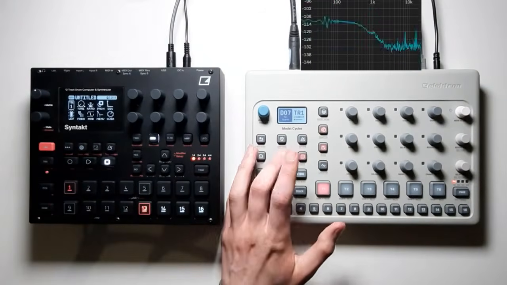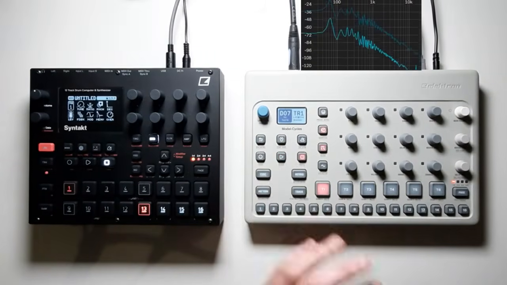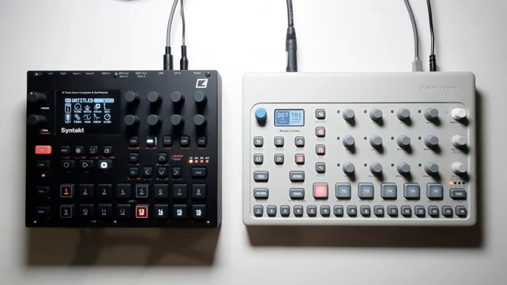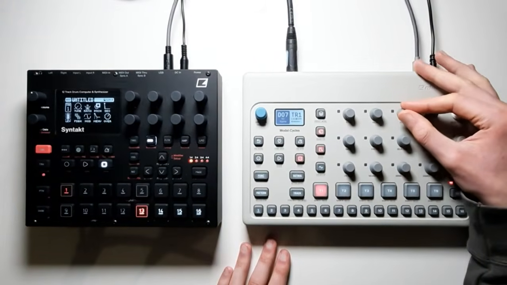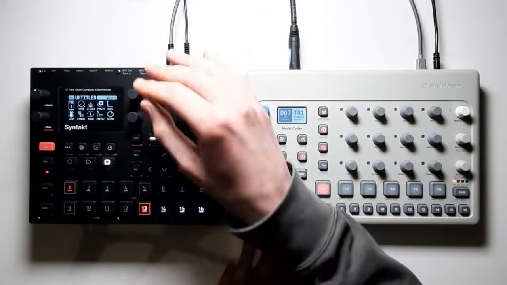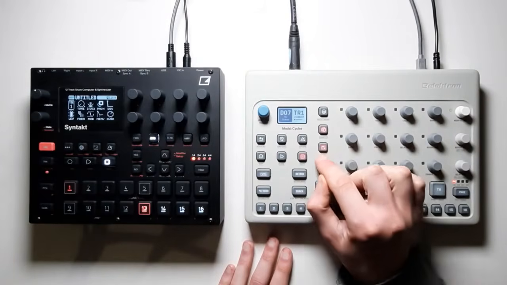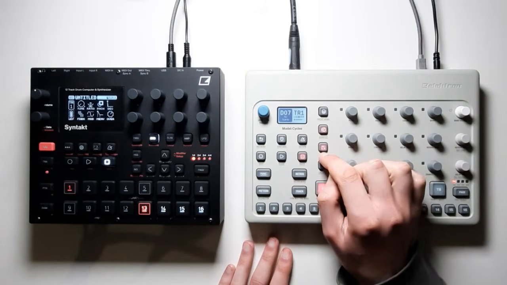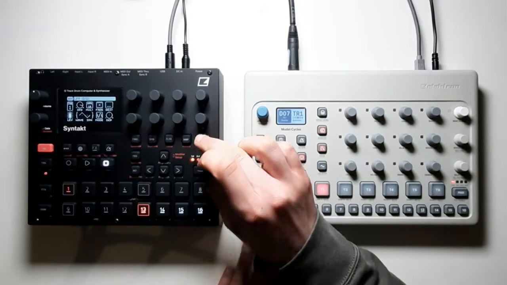And the model cycles. Okay, here we have the color that corresponds to the ratio. Yes, we have the punch activated. We have this button right here that is essentially the gate.